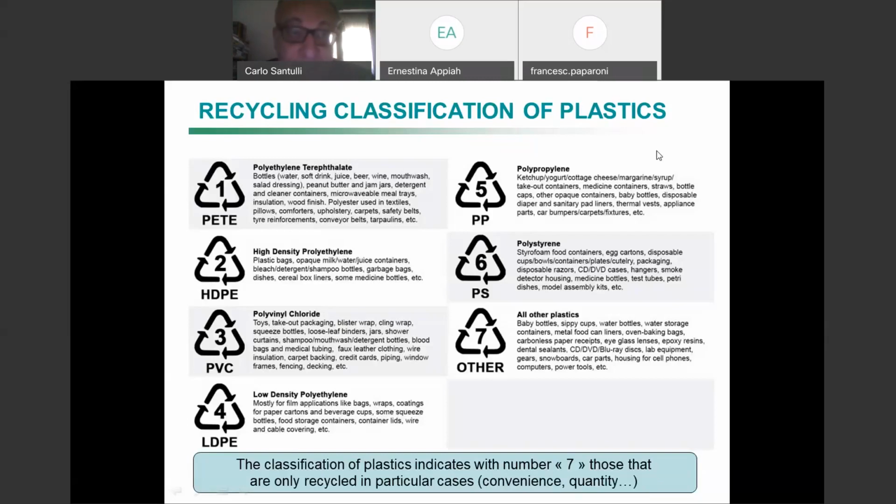there are some fields in which recycling is not allowed, like for medicines. For example, you use a lot of polystyrene in medicine bottles.